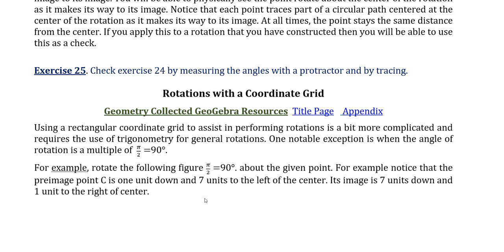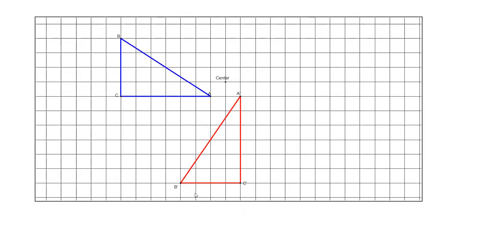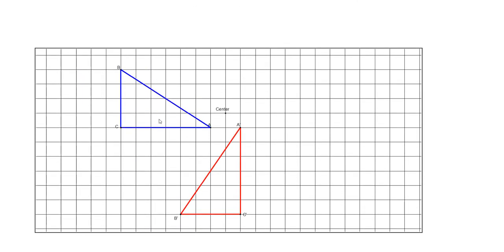And so the pre-image, let's look at what we've got here. The blue's the pre-image, this is the image, and we want to rotate it pi over 2 radians. So you want to make sure that this point, A prime, is the same distance away from the center as A is, and that the angle A to the center to A prime is a right angle.